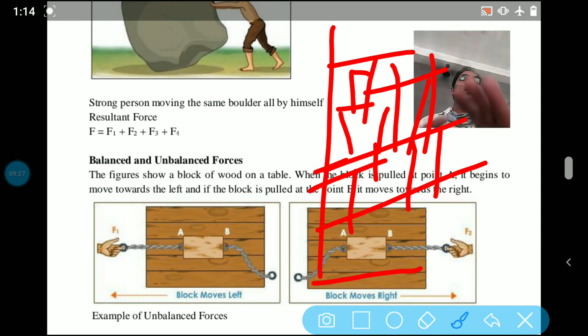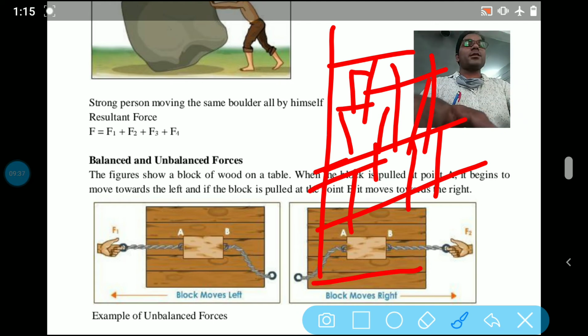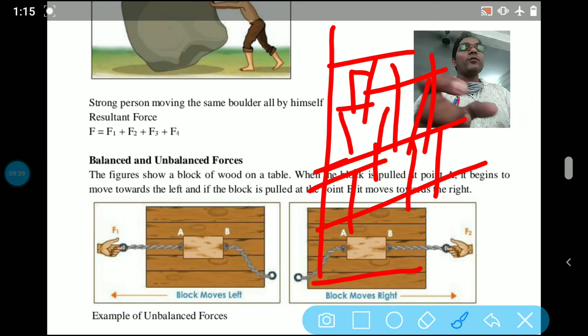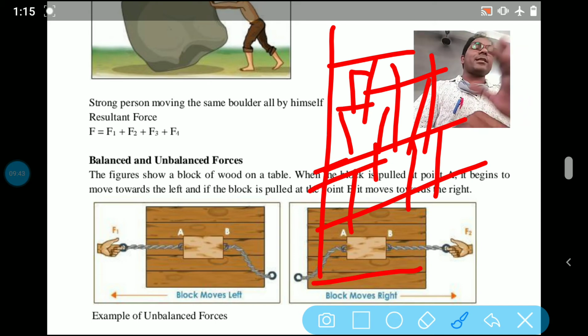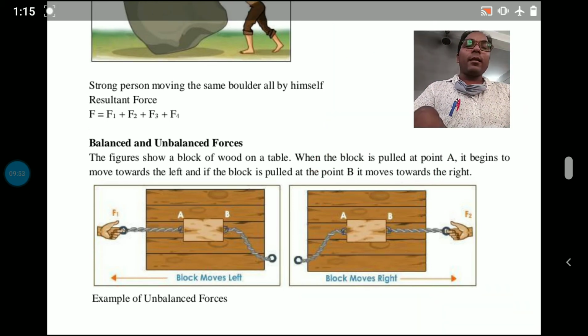So we are not getting any result. The result is zero. When forces are applied on a body but we get the result as zero, it means the applied force is balanced force. Only balanced force will not give any result.